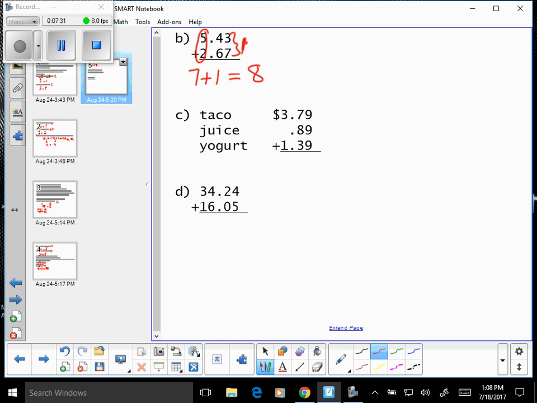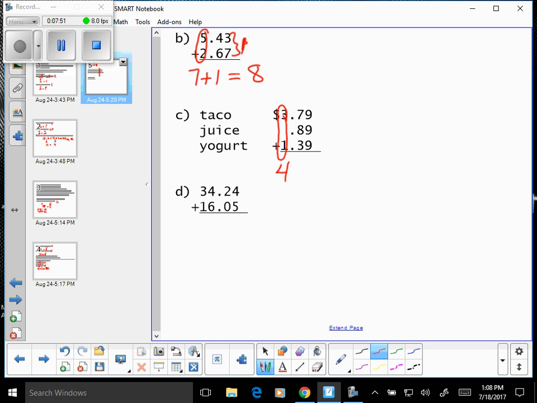Let's look at an example of what happens if we know the price of objects, like tacos, juice, and yogurt. Again, the front end means I'm only going to deal with the numbers that are farthest to my left, which means my 3 plus 1 is 4.